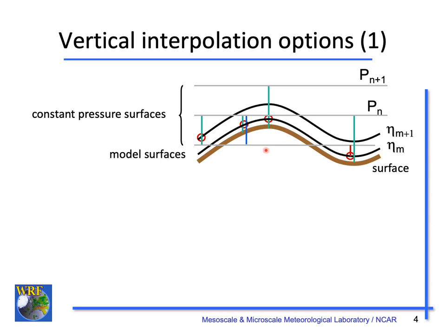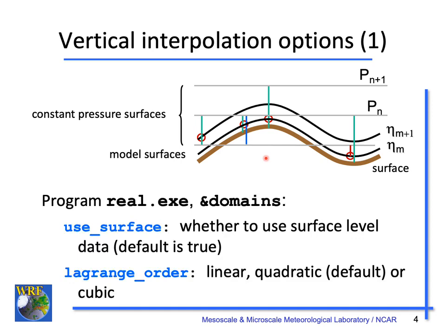Depending on how these levels are vertically located relative to each other, choices need to be made as to which bracketing levels are best used for vertical interpolation, as indicated by these vertical lines on the sketch.